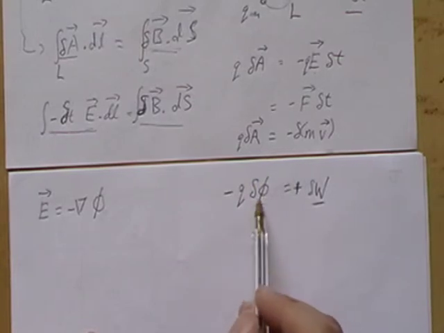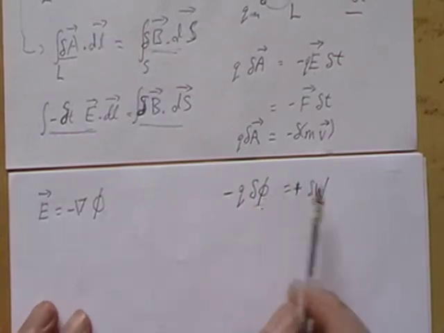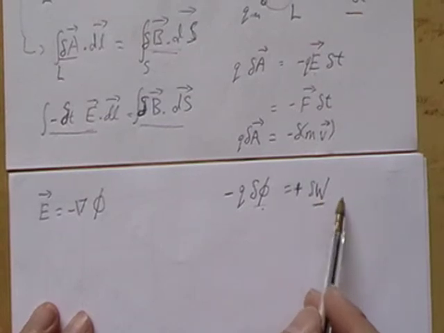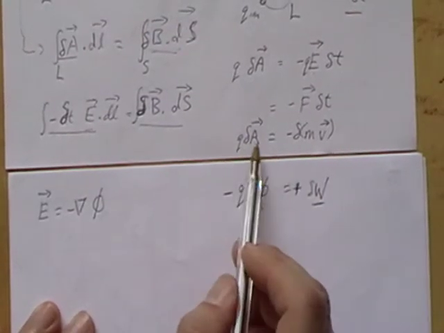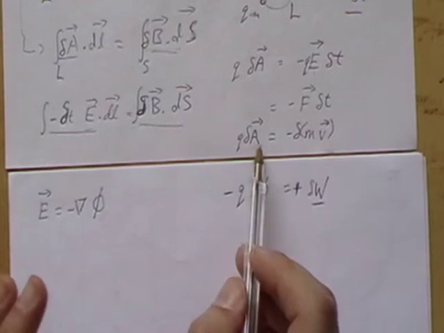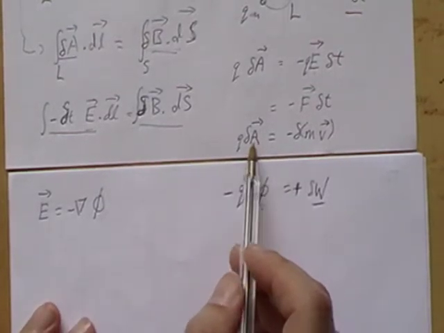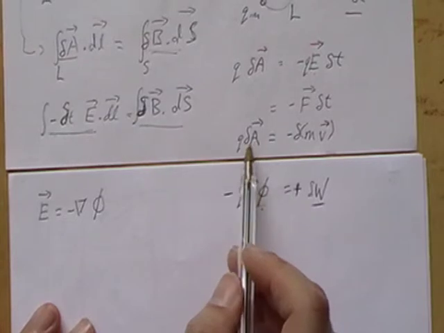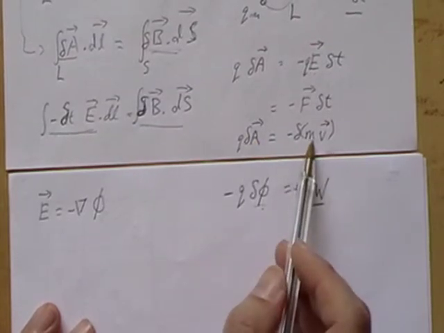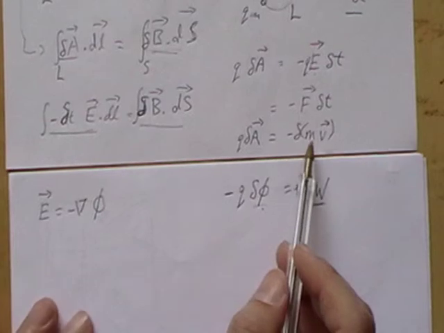A decrease in potential at the particle leads to an increase in work done on it. So therefore, a decrease in vector potential at the particle leads to an increase in momentum of the particle.